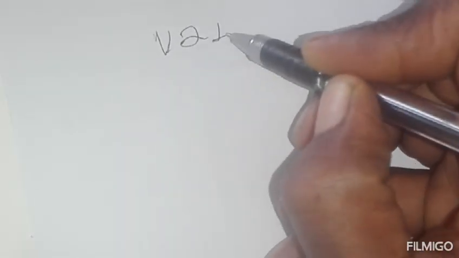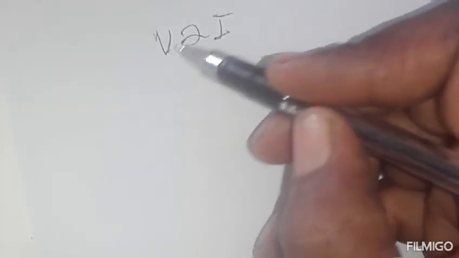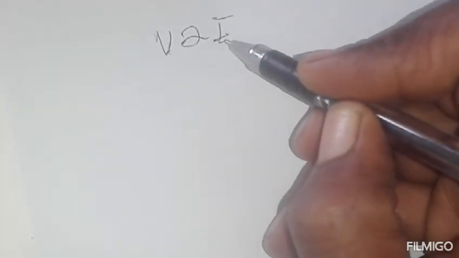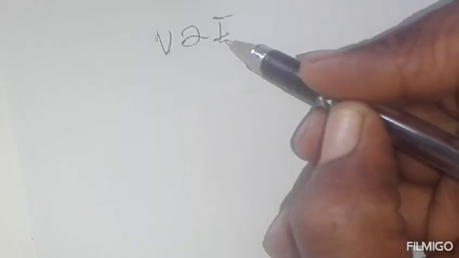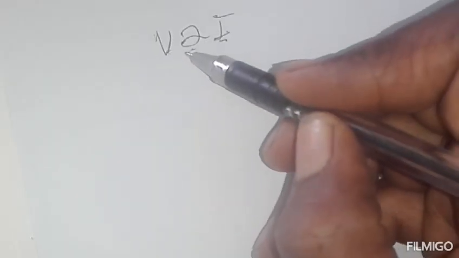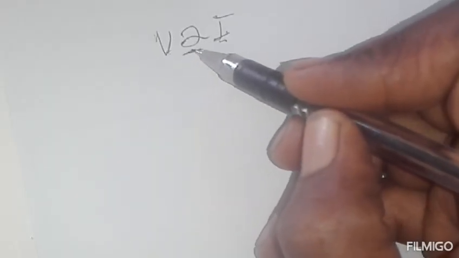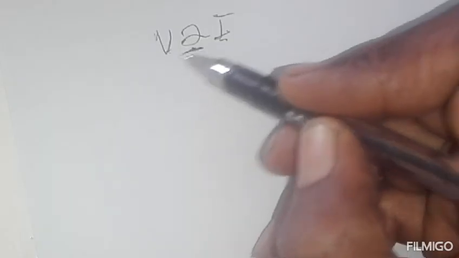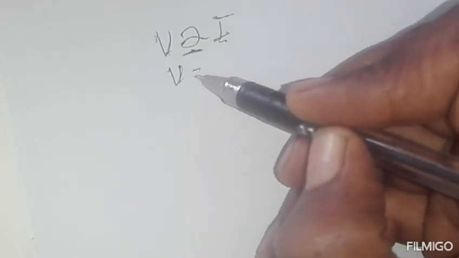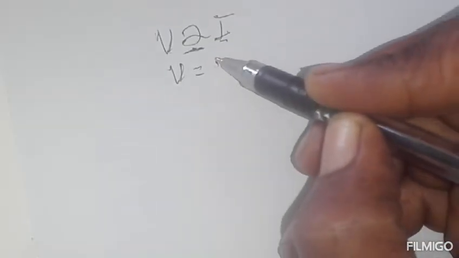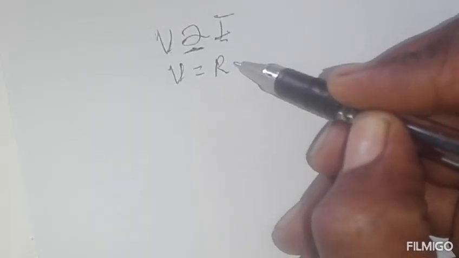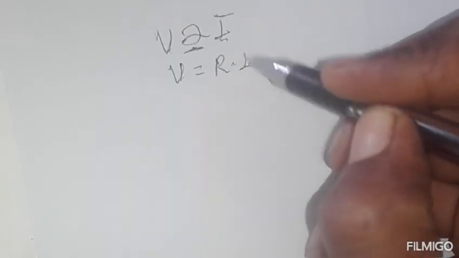Since voltage and current have a direct relation, if voltage is increased, current is also increased with the same resistance. So to turn this proportionality into an equation, voltage is equal to the resistance of the material times current.